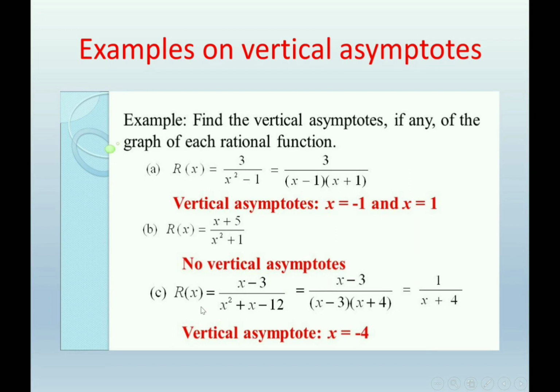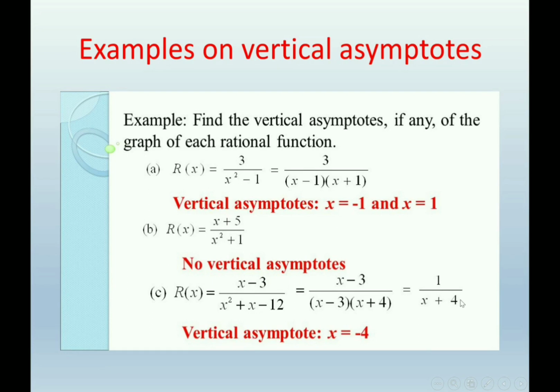In example 3C, R of x equals x minus 3 over x squared plus x minus 12, a trinomial expression. You can factorize it to get x minus 3 and x plus 4. And sometimes, if there is a chance to cancel, please cancel it, like x minus 3 with x minus 3, to get finally 1 over x plus 4.